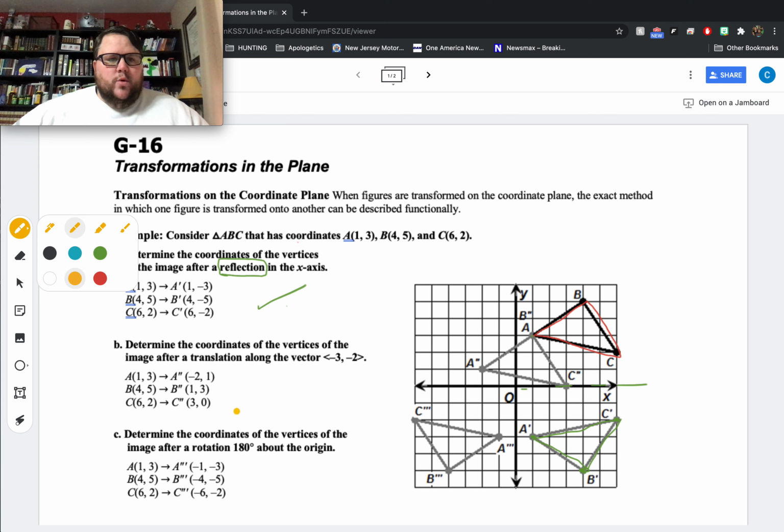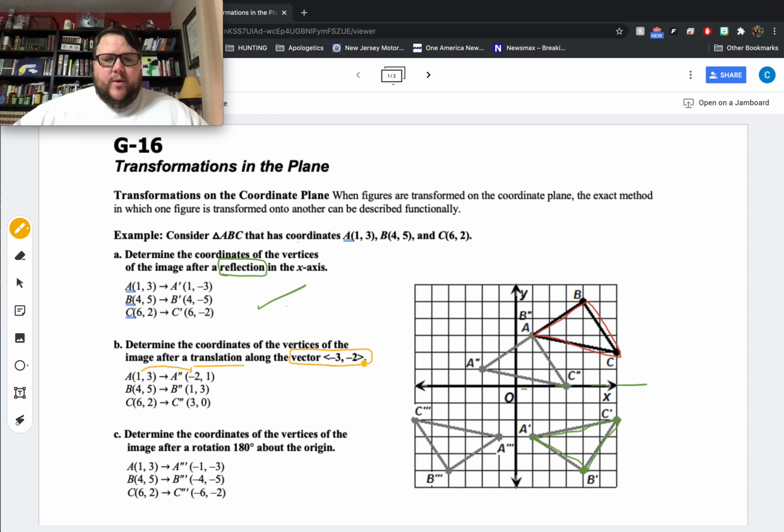Now I want to do our translation. If you notice, it's giving us the vector of -3, -2. So that means from the x coordinate, we're going to subtract 3, and from the y coordinate, we're going to subtract 2. So if our original x coordinate for A was 1, 1 minus 3 gives us -2.